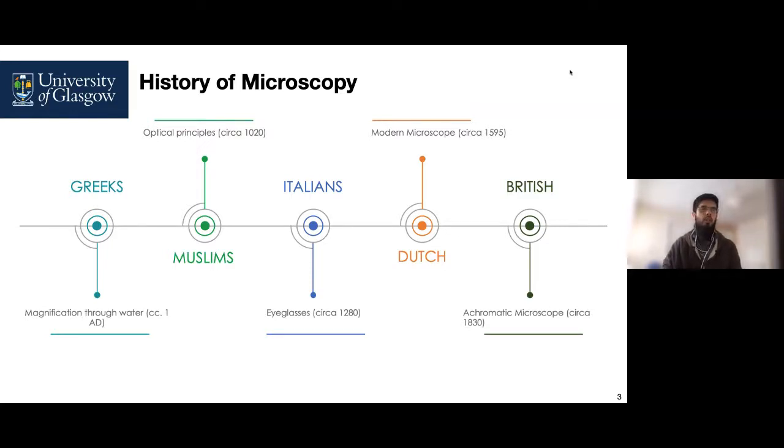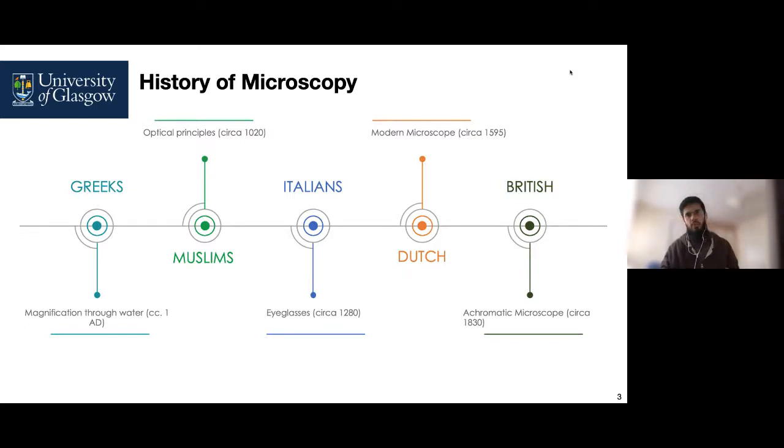And in the 19th century, some of the problems that were inherent to the application and working of microscopes limited not only the performance but limited its applications in a lot of fields. So those limitations were addressed scientifically by British scientists, particularly in terms of fixing the chromatic aberration that severely limits the performance of microscopes.